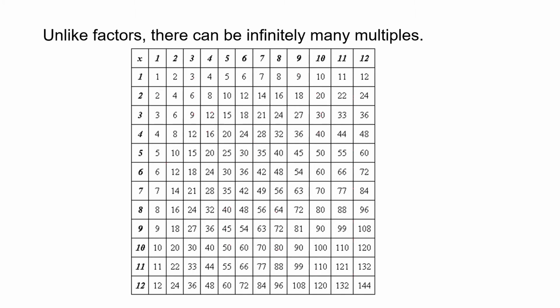The main difference between factors and multiples is that factors are finite. There's a limited amount of factors a number can have, but a number can have infinitely many multiples. So think of a multiplication table when we're talking about multiples.